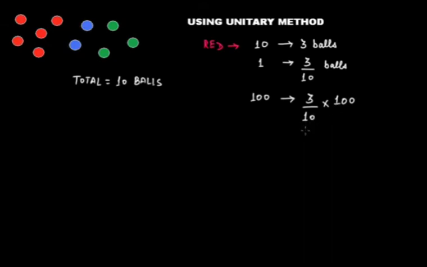Now, if you solve this, you get 50 balls. So if the total number of balls is 100, in that case, the red balls will be 50 balls. Now, what percentage will it represent? It will represent 50%, because we have calculated for 100 balls.